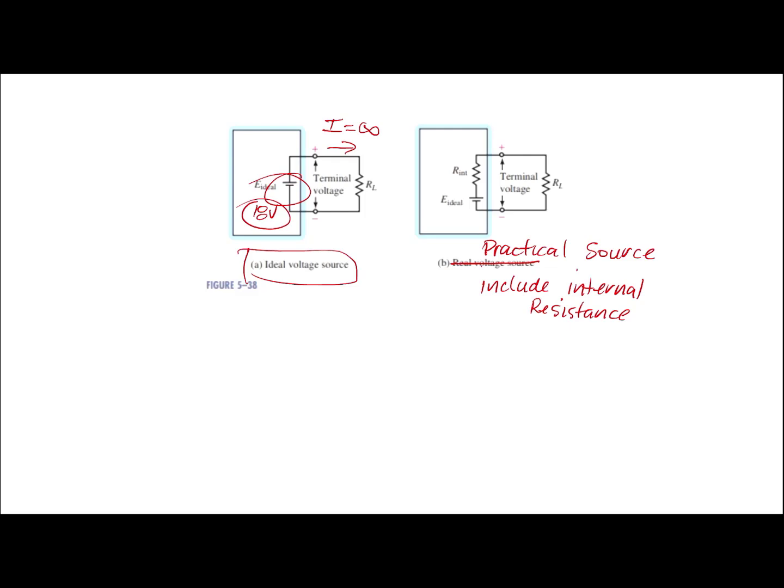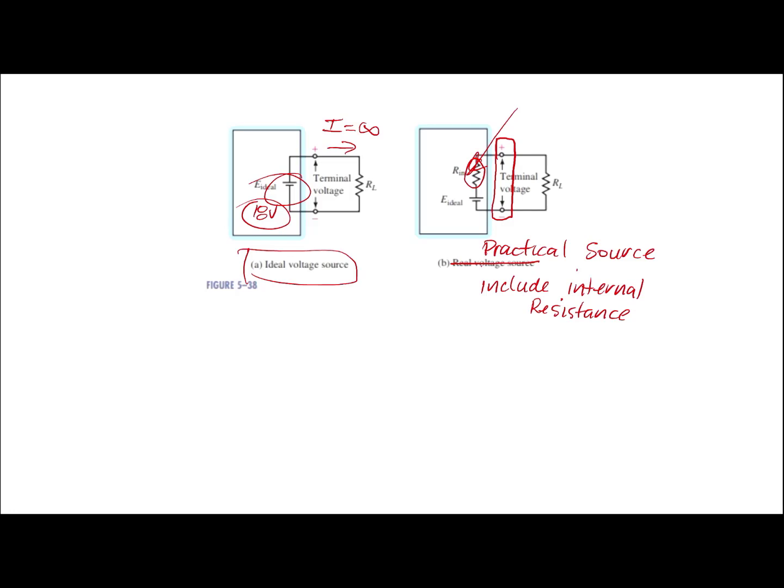So for a practical source, we have to include the internal resistance. But I do want to point out, it doesn't matter whether you're talking about an ideal source or a practical source. The terminal voltage is the important term here, describing the voltage across the two terminals of the source. So when we have V terminal or terminal voltage, it's including the voltage drop of V R internal. So what would that mean then?